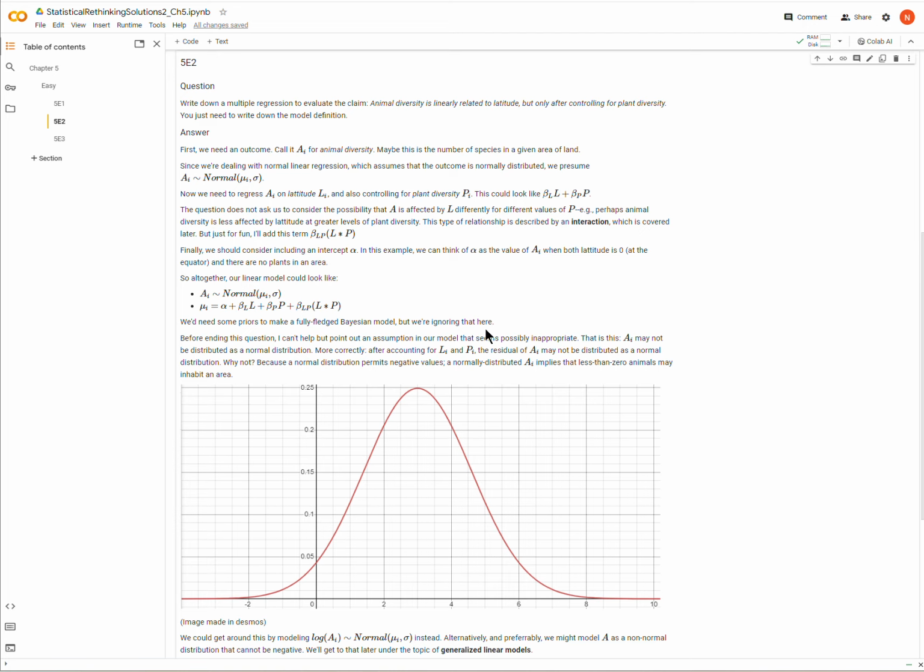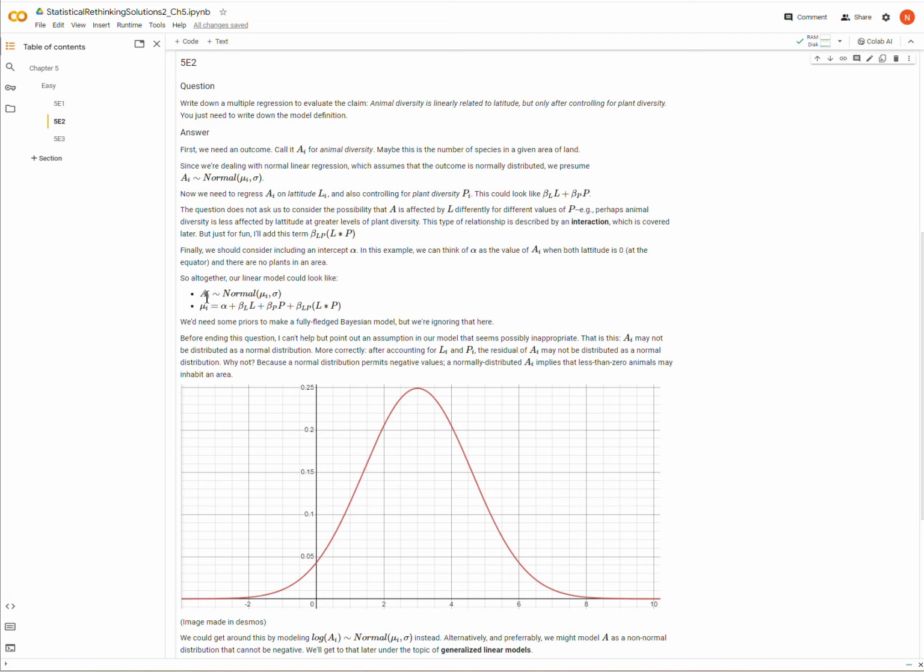And then the last thing that I want to point out, and maybe whet appetites for future content of the book, and I guess these videos as well, is that there may be an assumption hidden in here, or not so hidden, made very obvious in here, which is why we want to use this type of notation. It makes our assumptions very, very obvious. But there's an assumption embedded here that may be inappropriate.